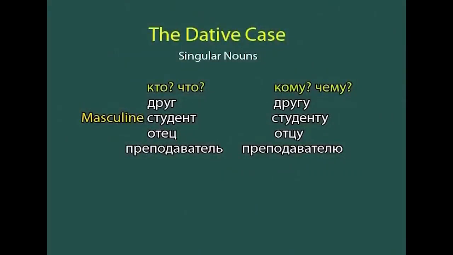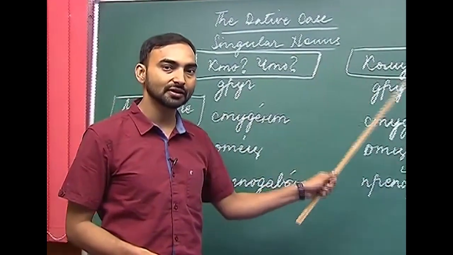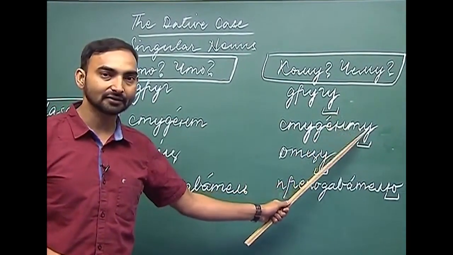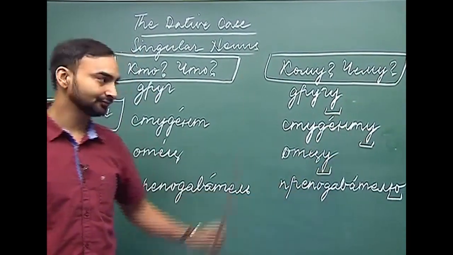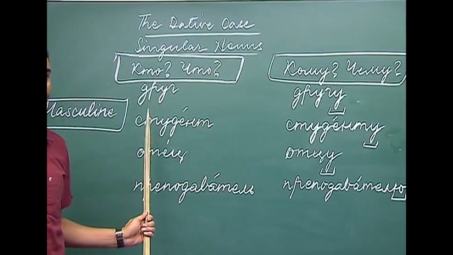Similarly, the next masculine noun is student. So what happens when student is used in the dative case? Again we do the same thing, we add the vowel u at the end. Studentu is the dative case form of the masculine noun student.